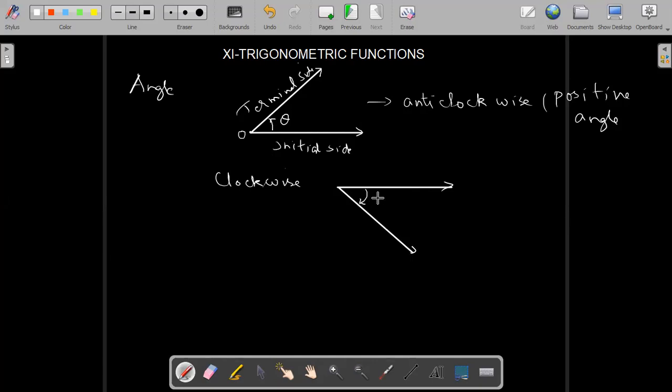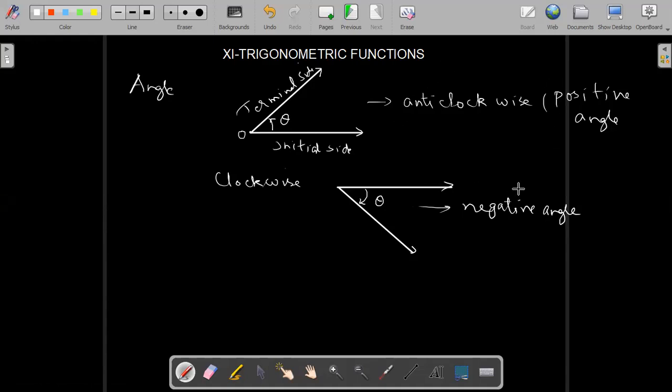This is clockwise direction, theta. So this will be a negative angle. Whatever angle it is making, this is the negative angle. Negative angle.